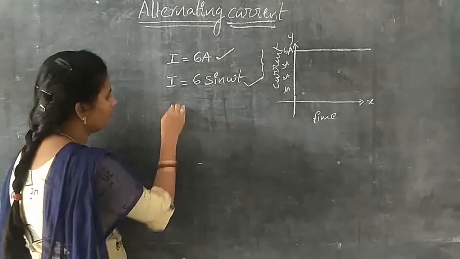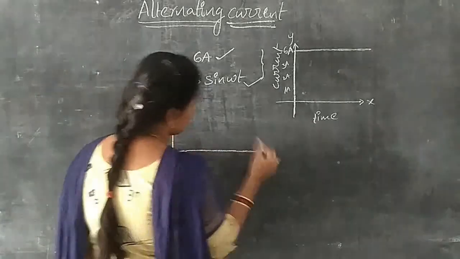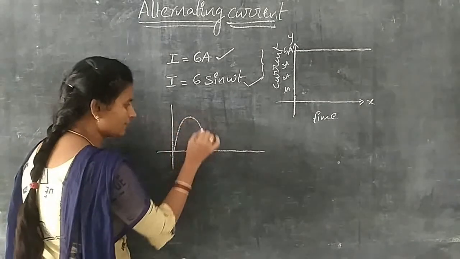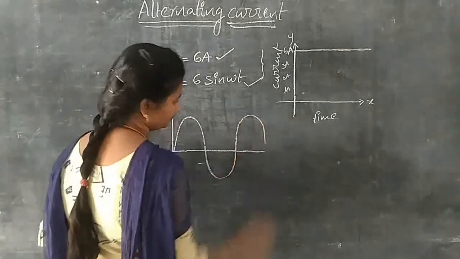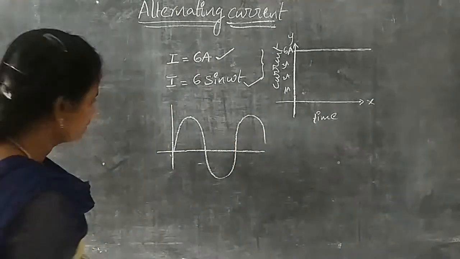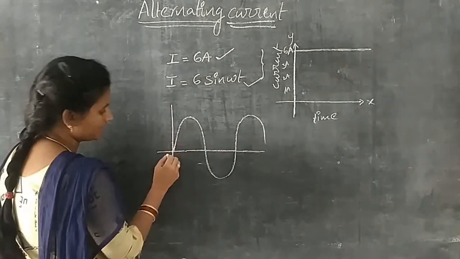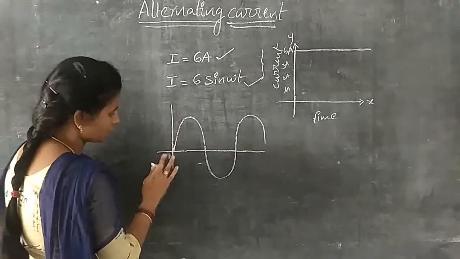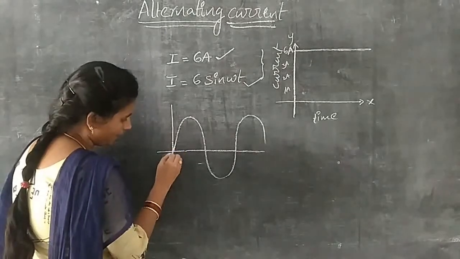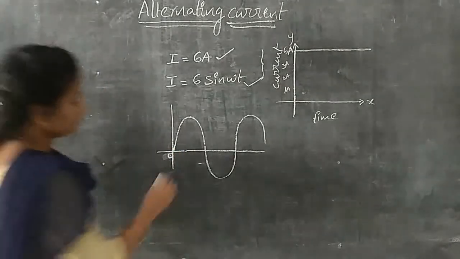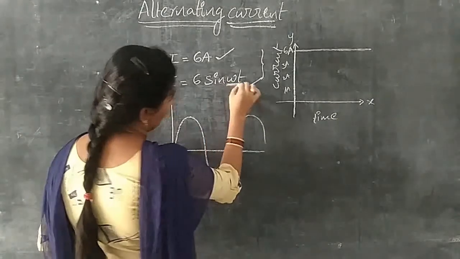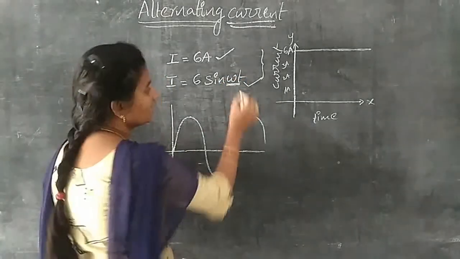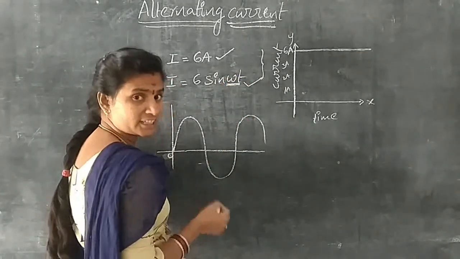Suppose for example sine omega t. From this it will give us the sine wave. Here this is 0. Omega t means omega is nothing but angular velocity, and t is nothing but time.